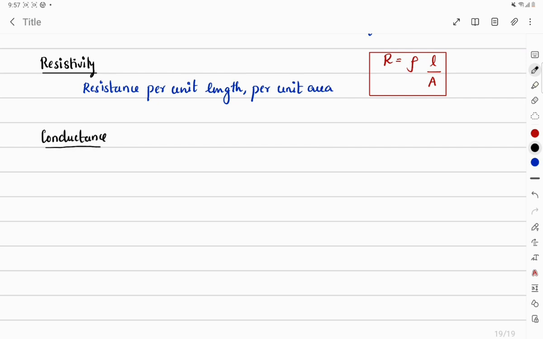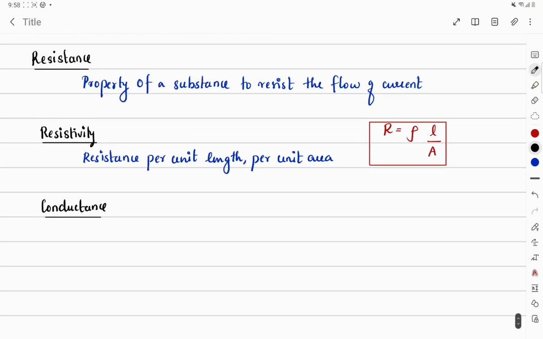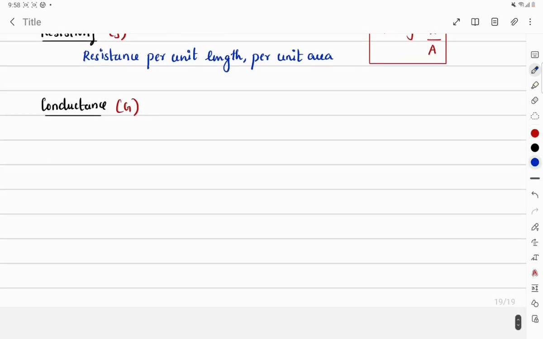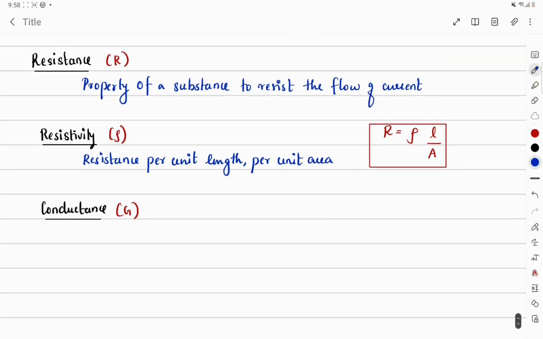By the way, when the words end like resistance, conductance, it obviously means that conductance is the reciprocal of resistance. So resistance you represent by R, resistivity by rho, conductance by G. The proper definition for conductance is, if resistance is the property of a substance to resist the flow of current, conductance is the ability of a substance to allow the flow of current.